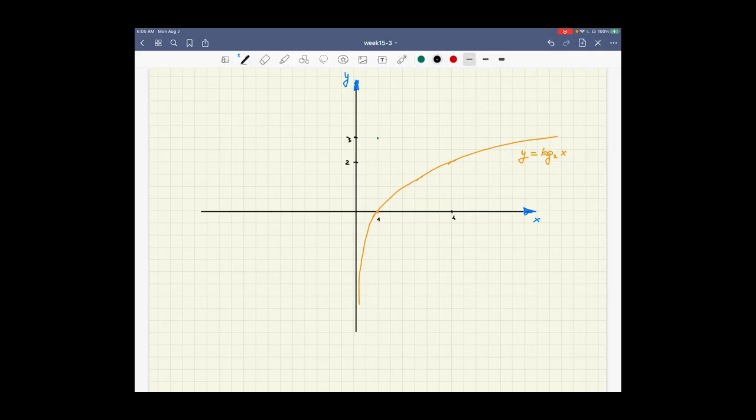So that's 3, that's 4, that's 5. So the graph will look like this. Of course, they don't intersect.